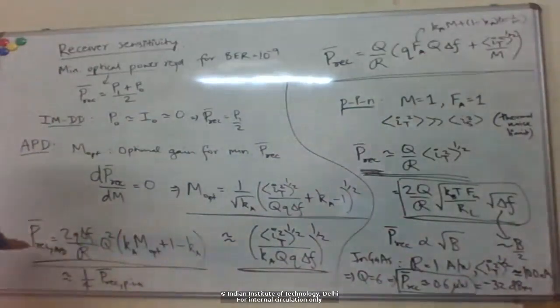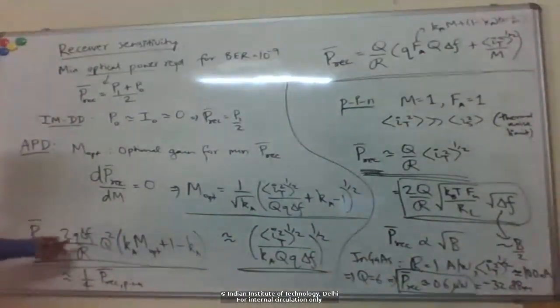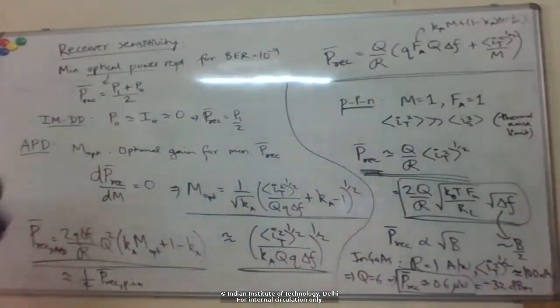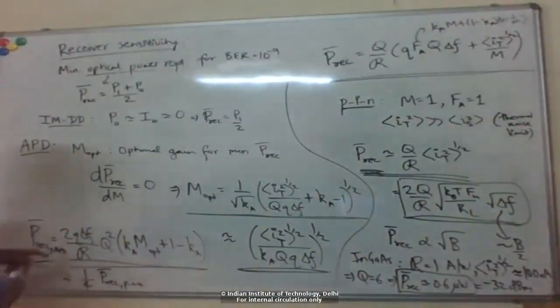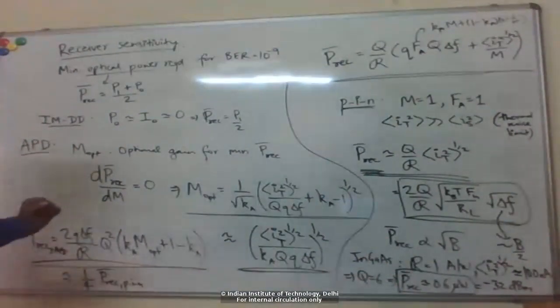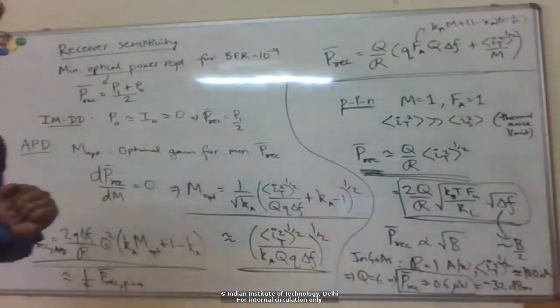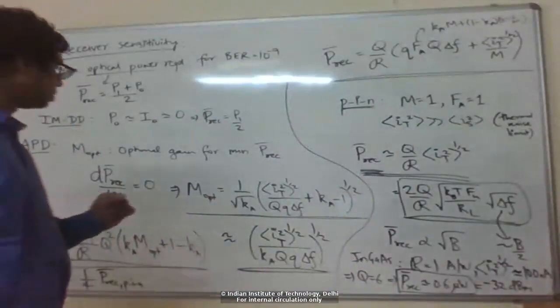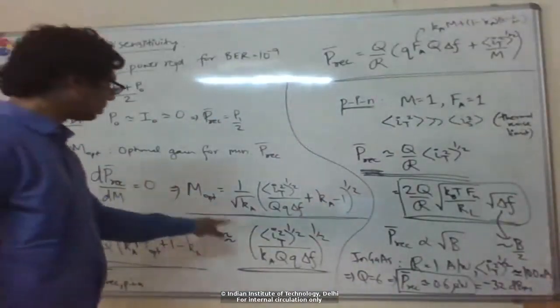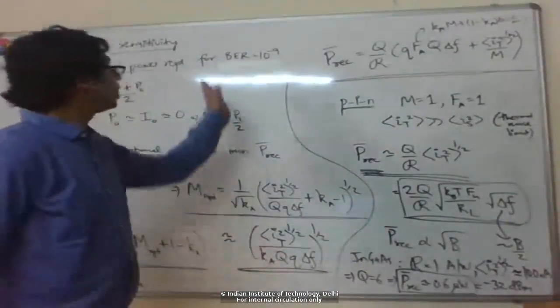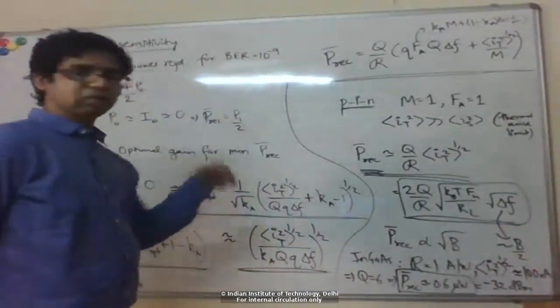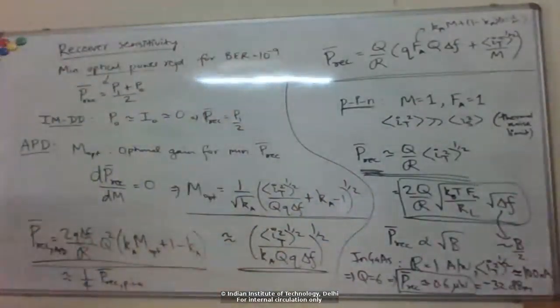Okay, so that's the advantage that we are getting with using an APD, which gives me this multiplication. But I have to use this optimum value of the gain. It's not that if I just use higher gain, it will be better. And that optimum value, you can see here, for lower and lower bit rates, the optimum value of the gain is smaller and smaller.